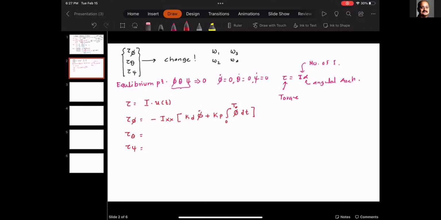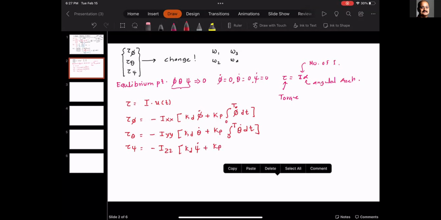And I will explain in just a bit what I mean by that. Kd theta dot plus Kp integration 0 to t theta dot dt, and minus Izz, Kd psi dot plus Kp integration 0 to t psi dot dt.